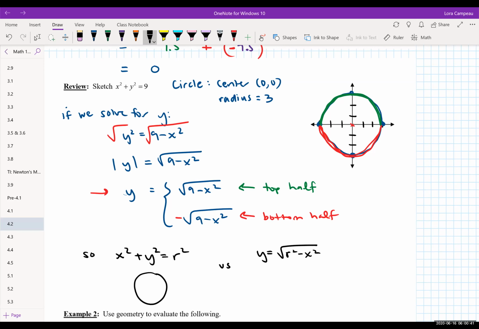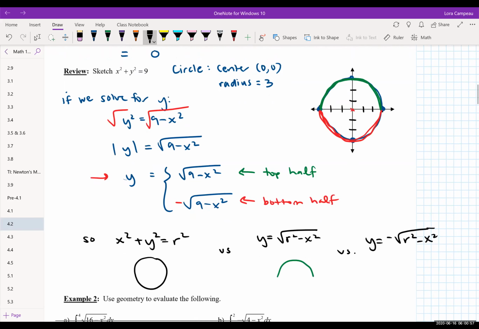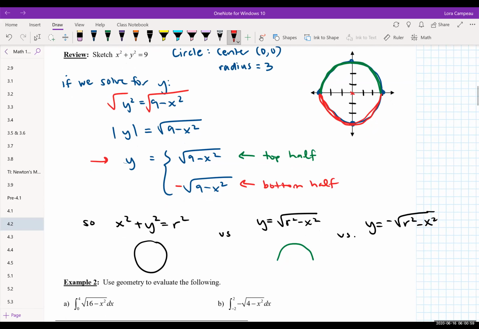That should just give us the top half of the circle because we have a positive case. And if you also want to compare one last thing, y equals the opposite, the negative square root of r squared minus x squared. Well, that reflects it about the x-axis, so that's where we're getting our bottom half. So it's a nice general idea.